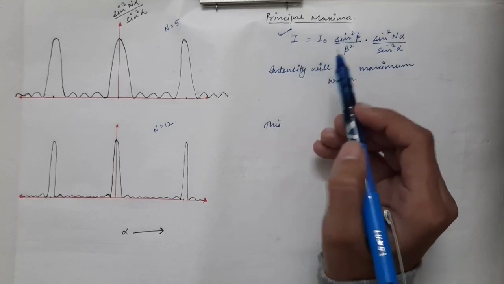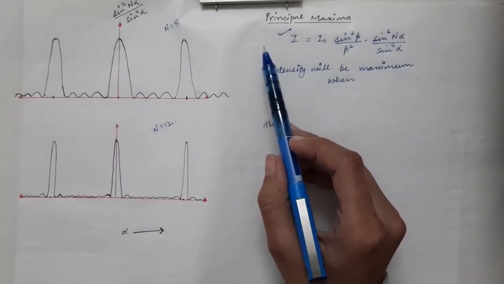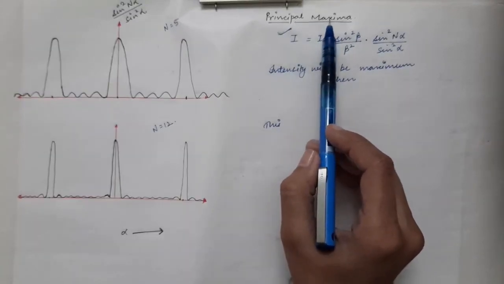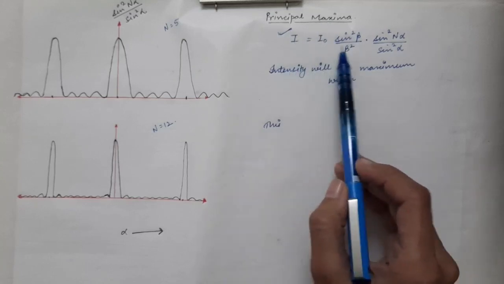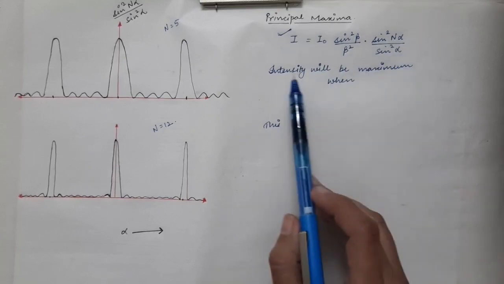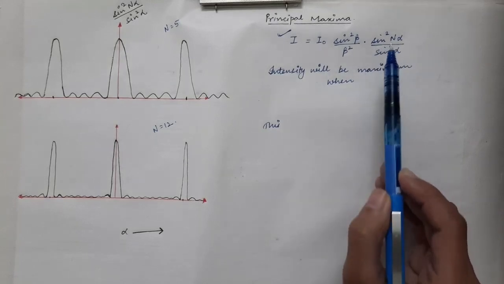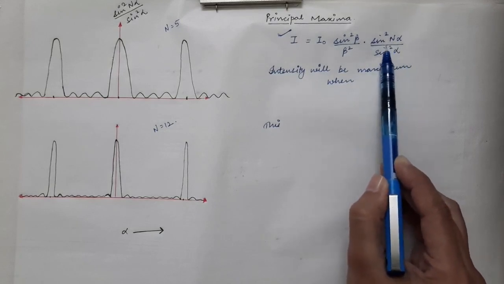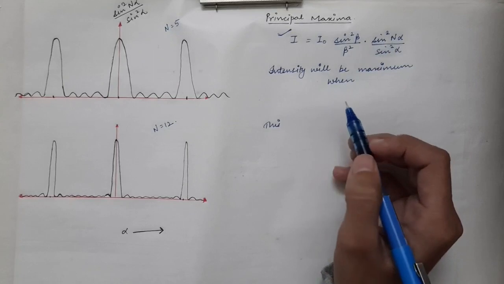For principal maxima, this intensity must be maximum, and you can see that intensity will be maximum when this sine square alpha in the denominator is equal to 0.